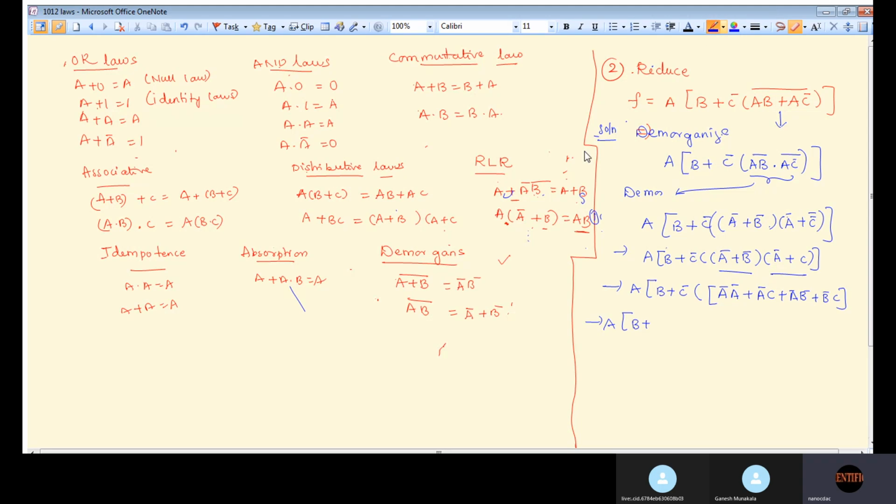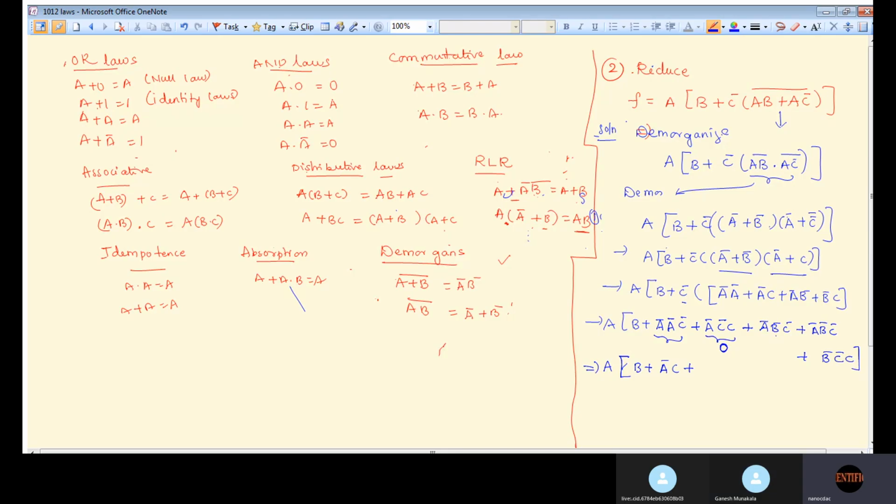I will reduce one more term. So you can multiply with C. A bar C bar plus A bar C bar C. I am multiplying all of this with C. Now A bar B bar C bar plus A bar B bar C bar plus B bar C bar C. Okay, which of these will become zeros? So we can write this as A B plus A bar C. What does this become?